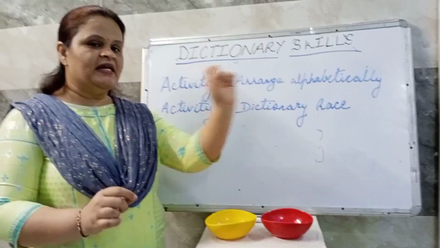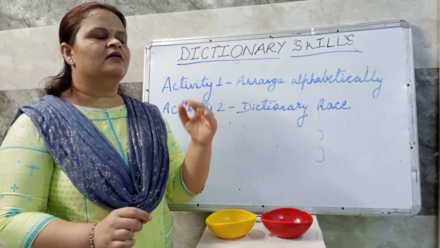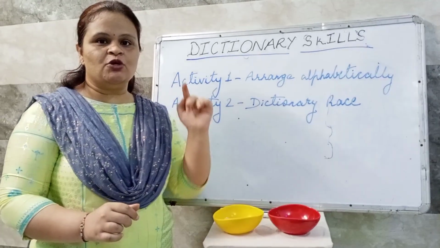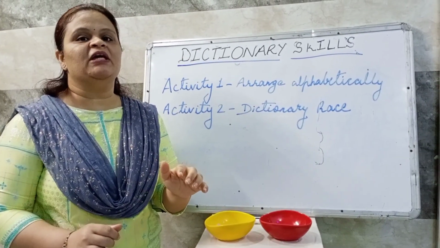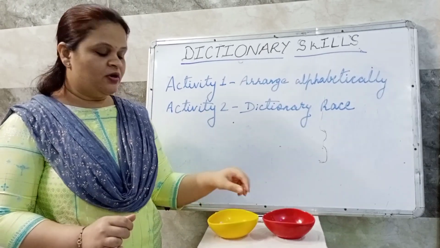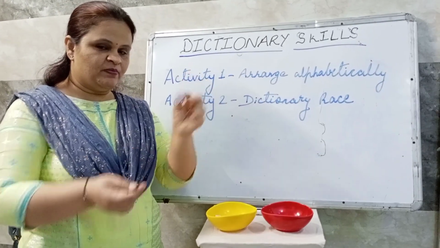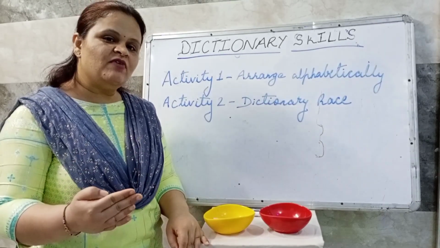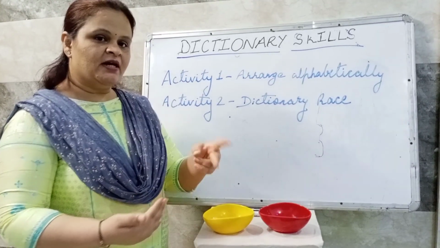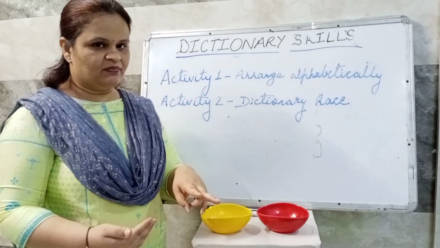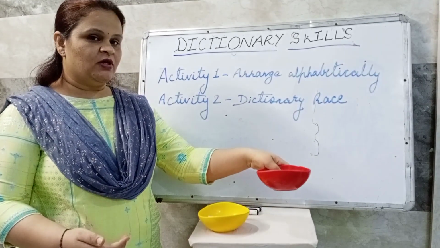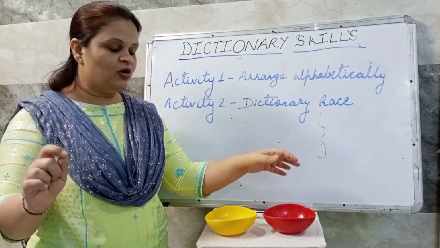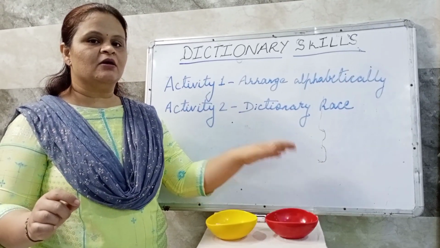Any word, any medium or hard word which you guess your partner will not know the meaning of. That word you have to write on a piece of paper, fold it and keep it in a bowl. This is your part. Same way your partner will also do, but the number of chits will be same.